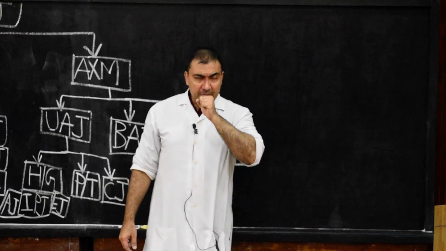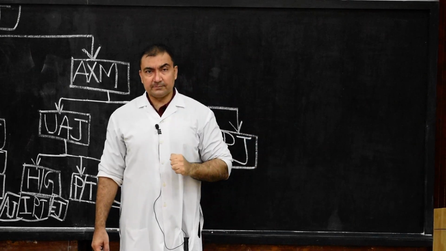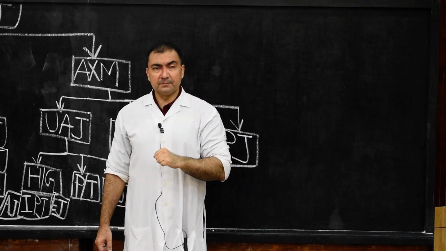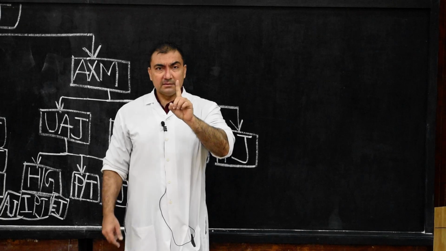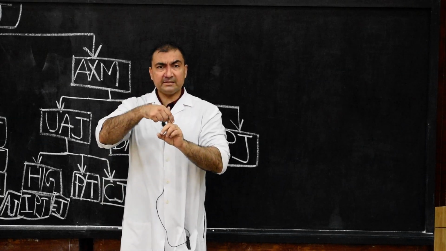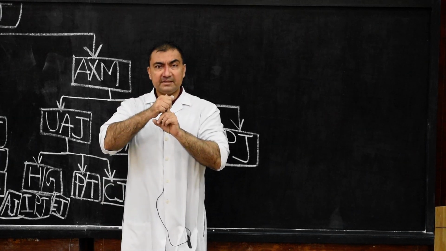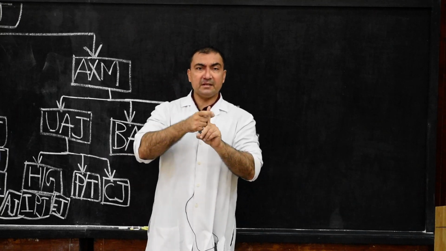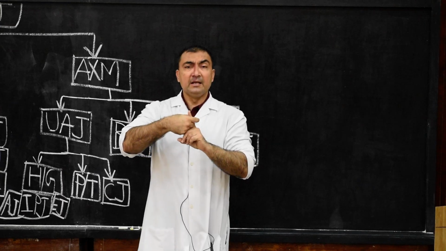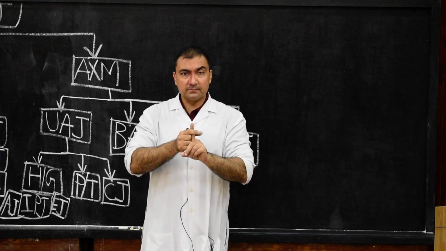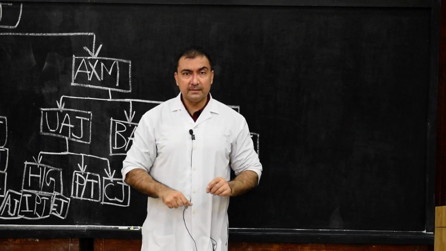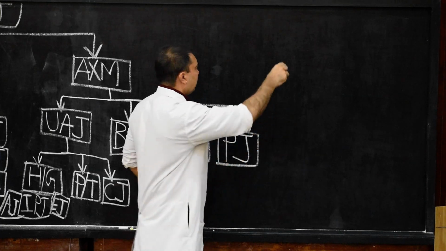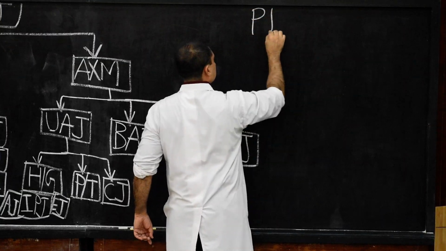The joint between atlas and axis, in which the dens of the axis will remain stable, and around which the osteoligamentous ring, which is formed by the anterior arch of atlas and the transverse ligament of atlas, will rotate. This is an example of pivot joint. So here I will just write down this pivot joint.